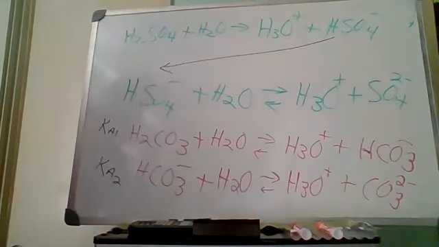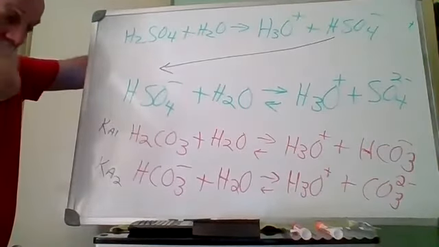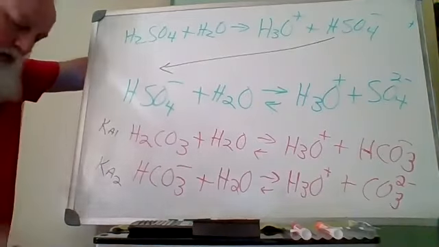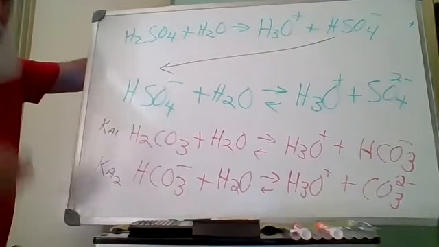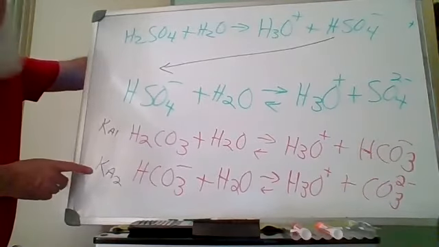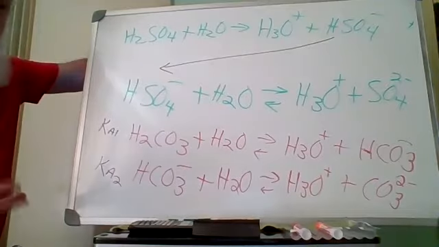As it works out, for any polyprotic acid, successive removal of subsequent protons becomes harder and harder. In other words, Ka1 is always much, much bigger than Ka2. In the case of phosphoric acid, H3PO4, there are 3 acidic protons.